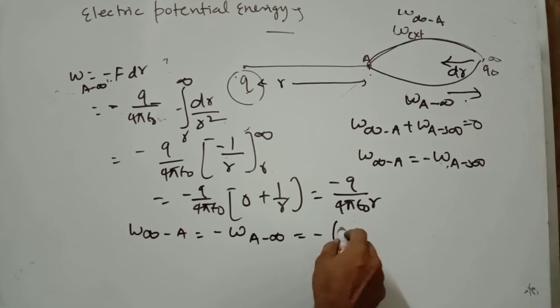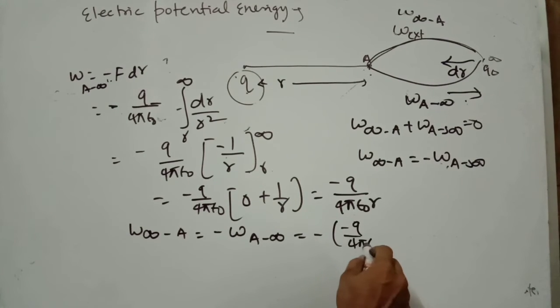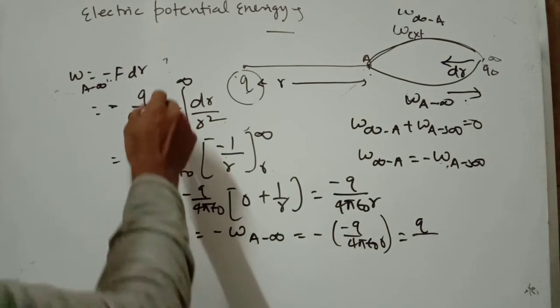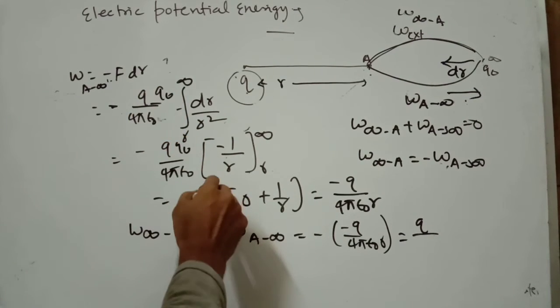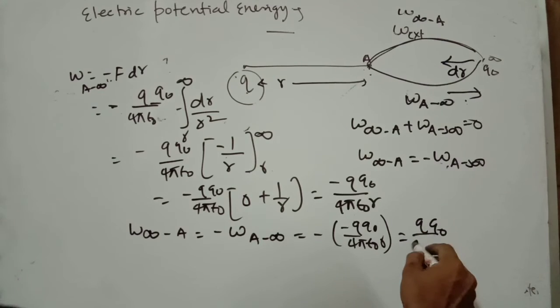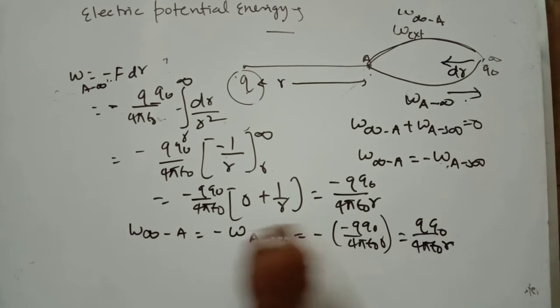So minus of minus q by 4 pi epsilon naught r, it will give q q naught by 4 pi epsilon naught r. So what is it?